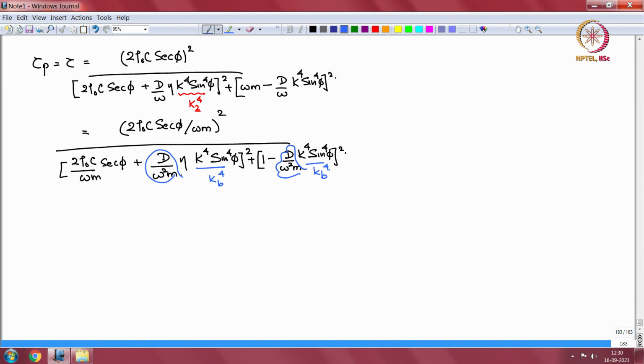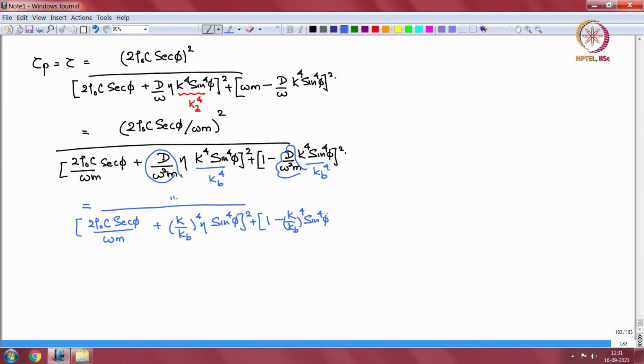So I have the numerator, and I have the denominator, which is twice rho 0 c sec phi by omega m plus k by kb whole fourth eta sine 4 phi, whole squared, plus 1 minus k over kb whole fourth sine fourth phi, whole squared.